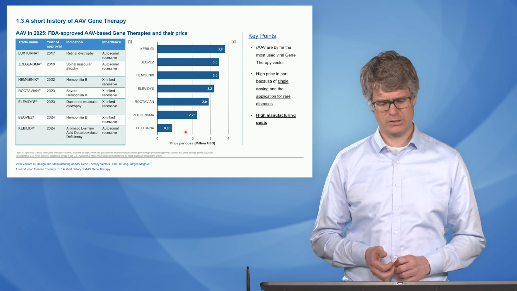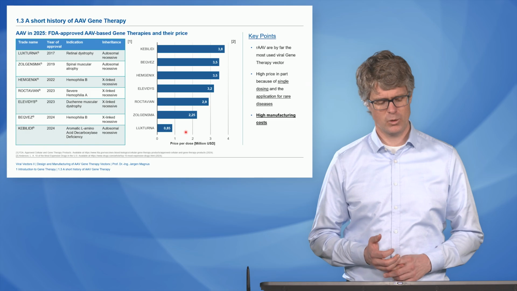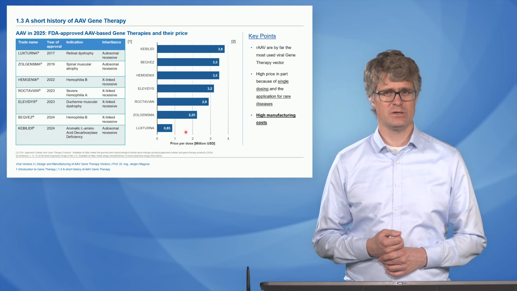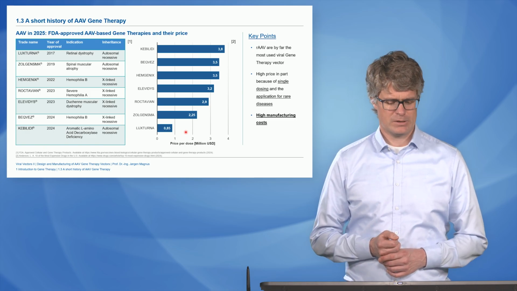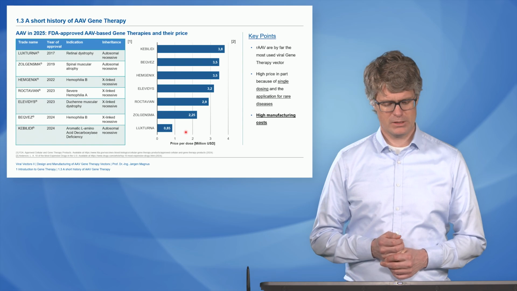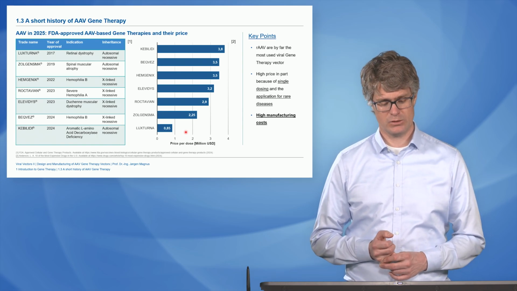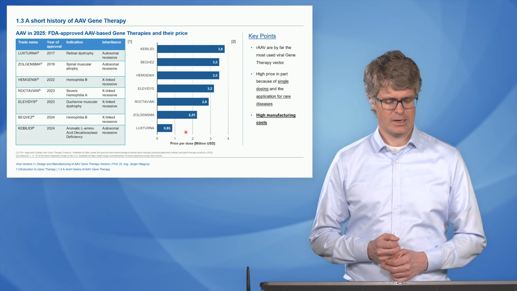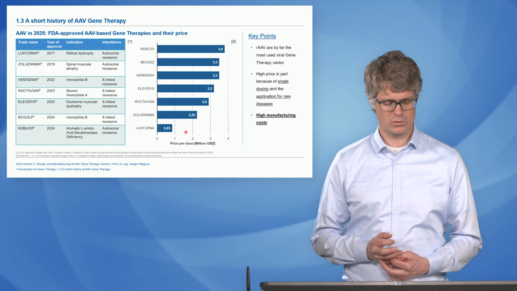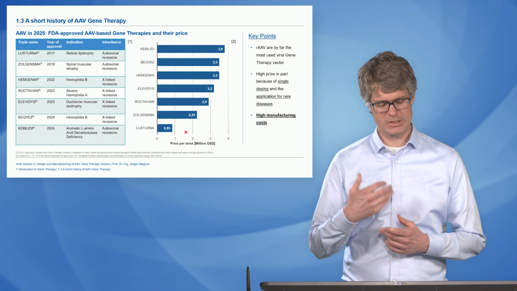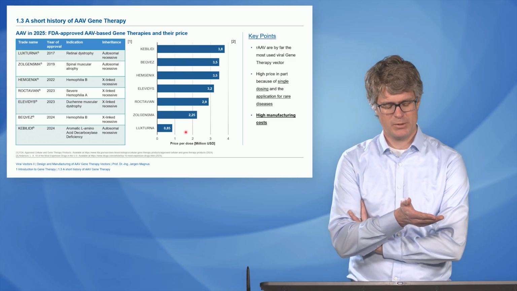The fact that they do it just shows how important they are, and sometimes life-saving treatments. But if this should be offered to a larger portion of society, you would struggle with financing these high costs. And therefore, we should work to reduce the costs, but first understand why they are so expensive.